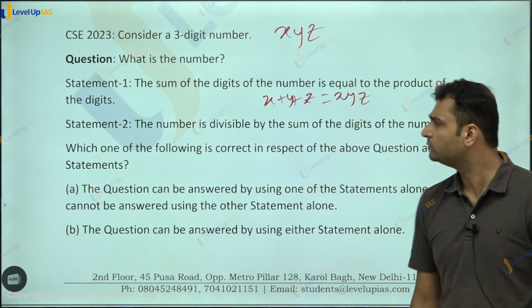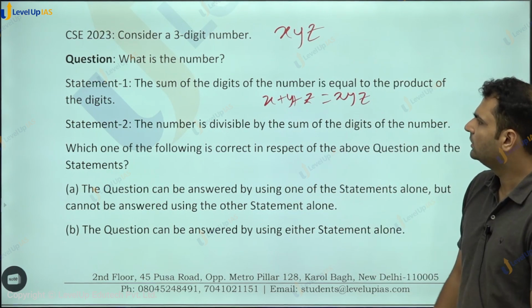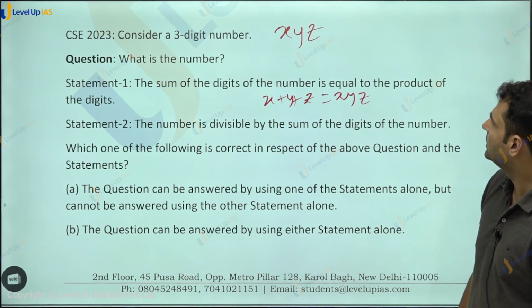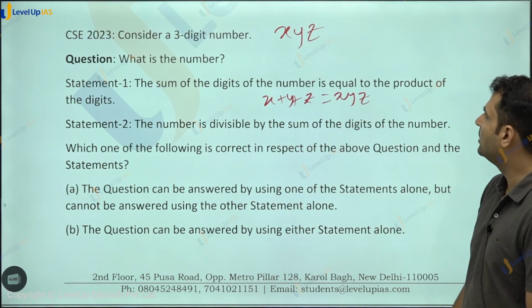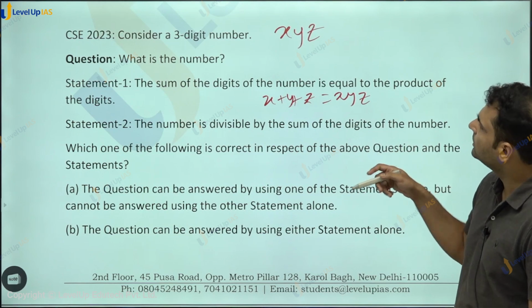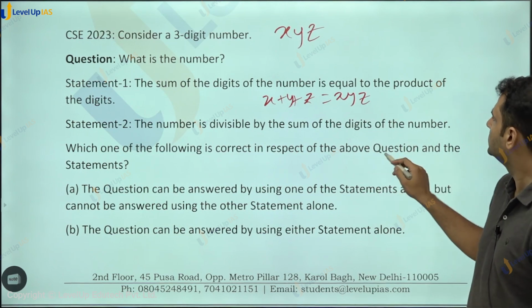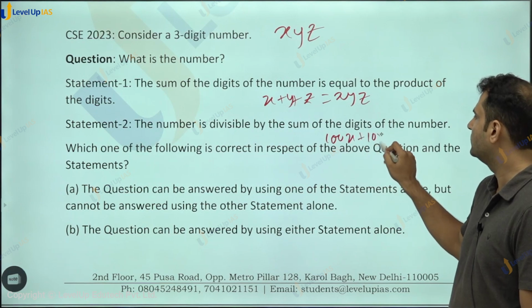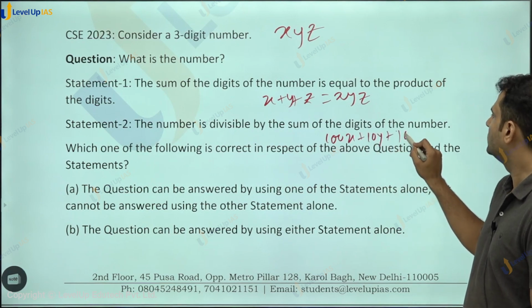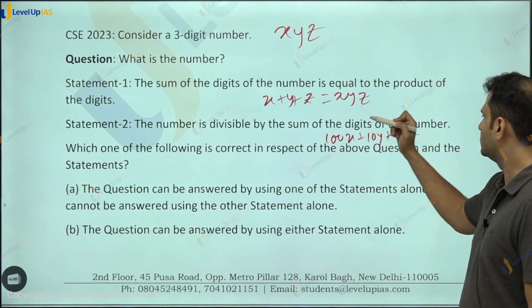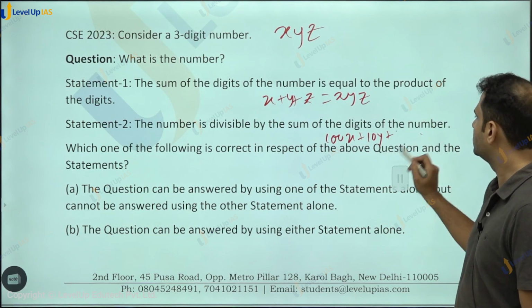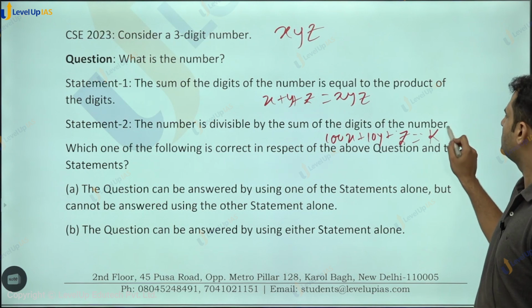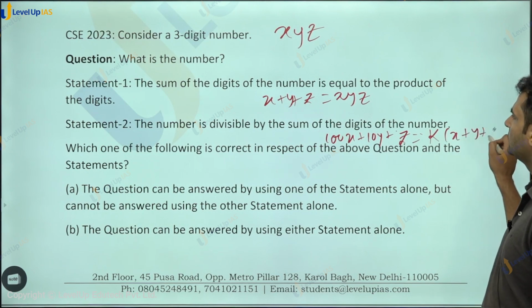Fine. That is the first one. Then the number is divisible by the sum of the digits of the number. The number is divisible by the sum of the digits of the number. So 100x plus 10y plus z is equal to some multiple of the sum of the digits, x plus y plus z.